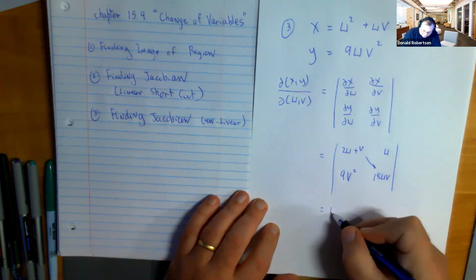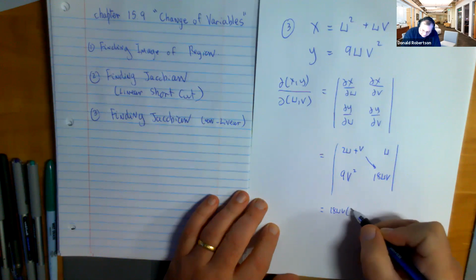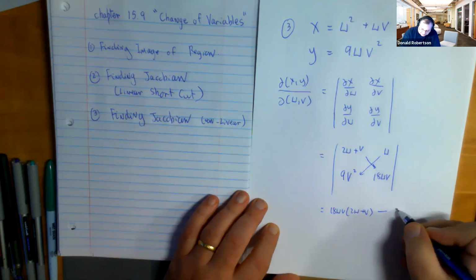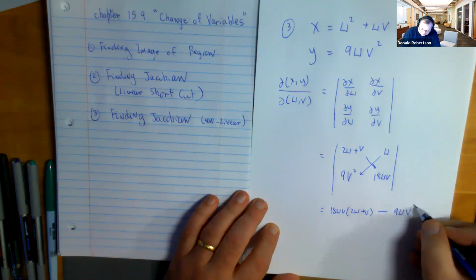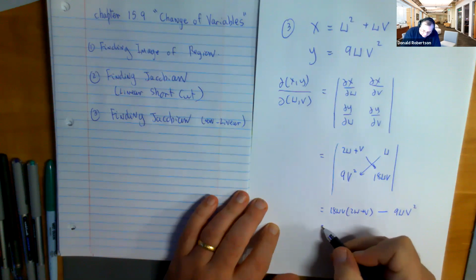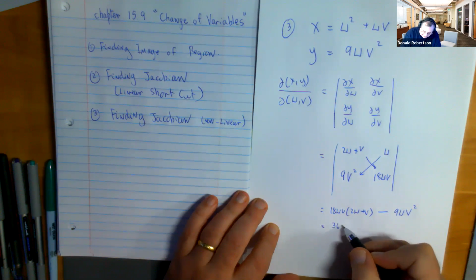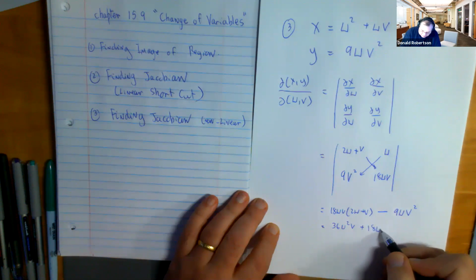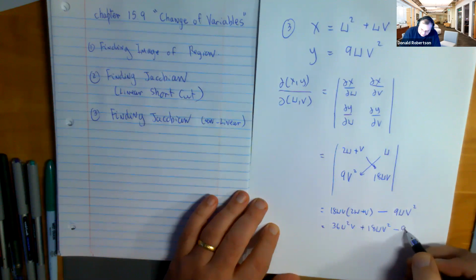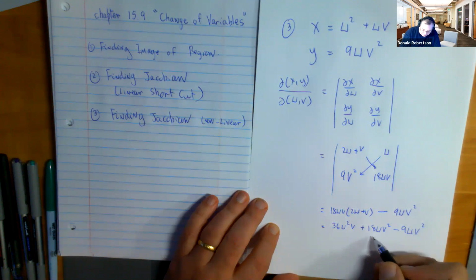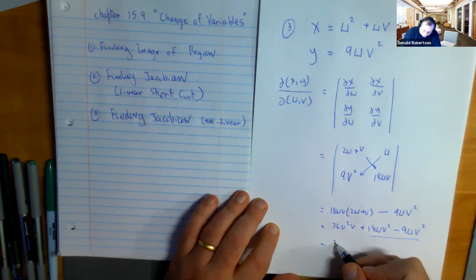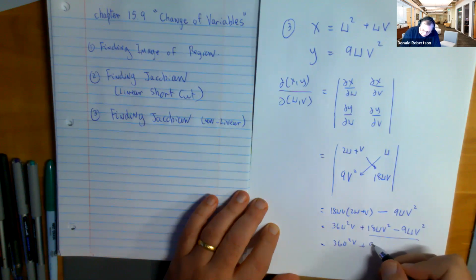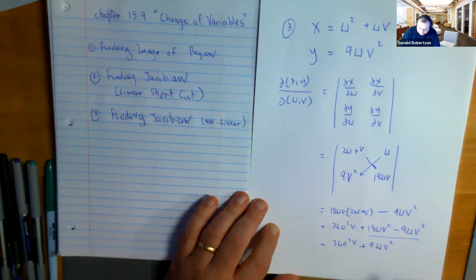Major diagonal then is going to be 18uv times that guy. Subtract minor diagonal, which is going to be this guy. What do I have here? 36u squared v plus 18uv squared. Take away 9uv squared, collect a couple of terms: 36u squared v plus 9uv squared.